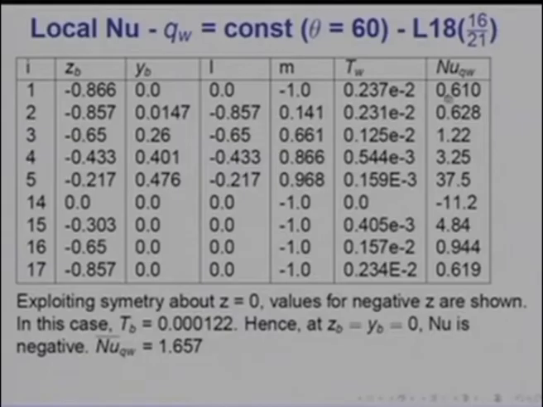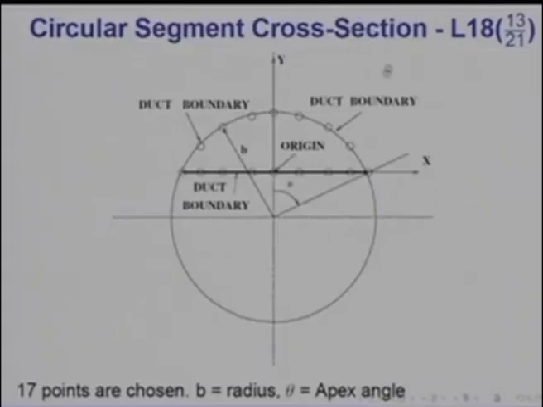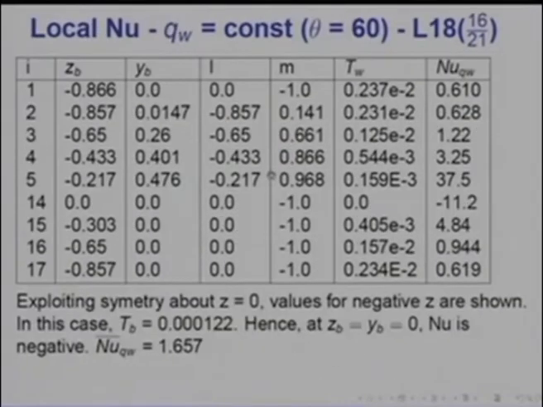If you look at Nusselt number now, it is 0.67 and it goes on increasing to 37.5, but look at this value of 0, 0, 0 right at the center on the flat surface. You will see 0, 0, 0, y equal to 0, x equal to 0 means that temperature, and you will see that at that point the Nusselt number is negative, because T wall is 0 and it is less than T bulk.